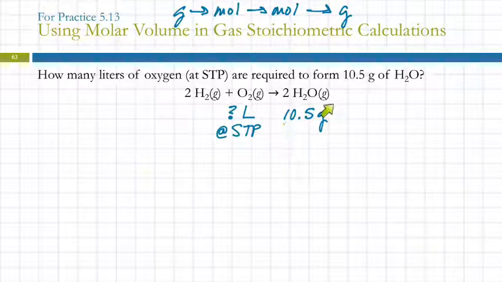So here, I've got grams that I'm starting with, but I don't want to end up with grams, I want to end up with liters. So I'm going to end up with liters at STP.